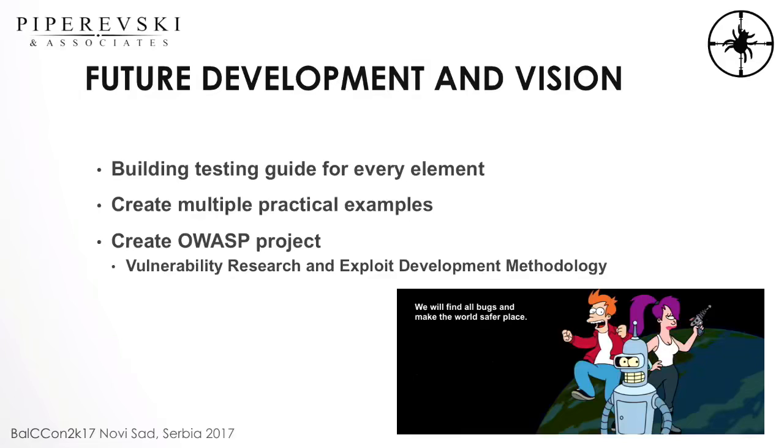And I'm in the procedure of getting a new OWASP project created, which will be the vulnerability research and exploit development methodology that you have just seen. I hope it will be really fast and it will be done this year. So next year we will have this opportunity for everybody, for all the community, for all the public, to get that methodology and use it right away.